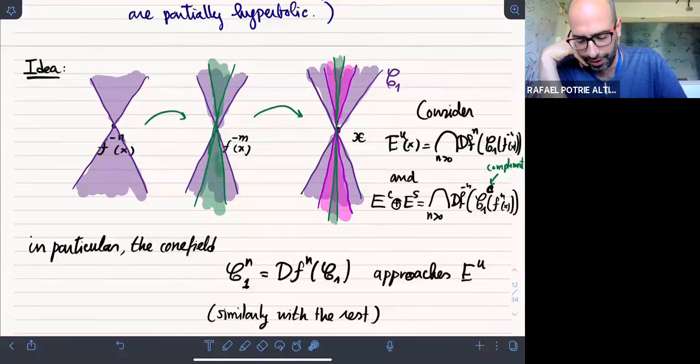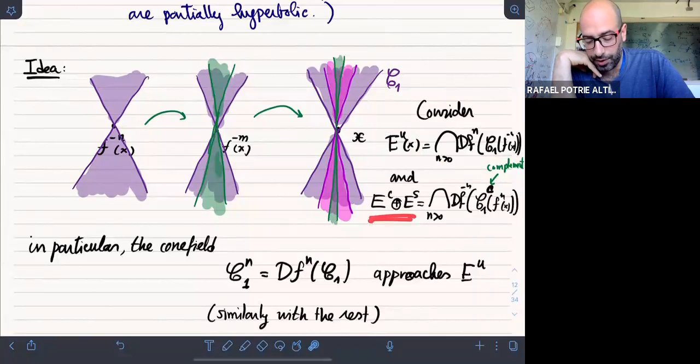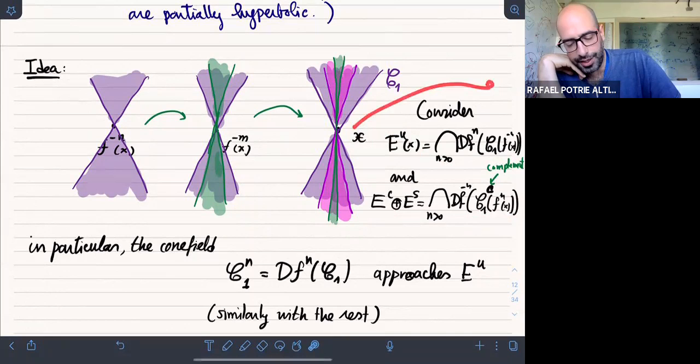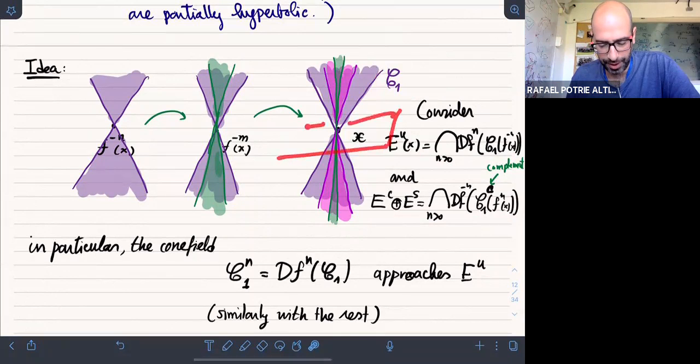But the important thing is that the unstable direction will be determined by this intersection, and the center stable direction will be determined by going to the future and iterating the complement of this cone at the point X, and you will approximate the center stable direction.